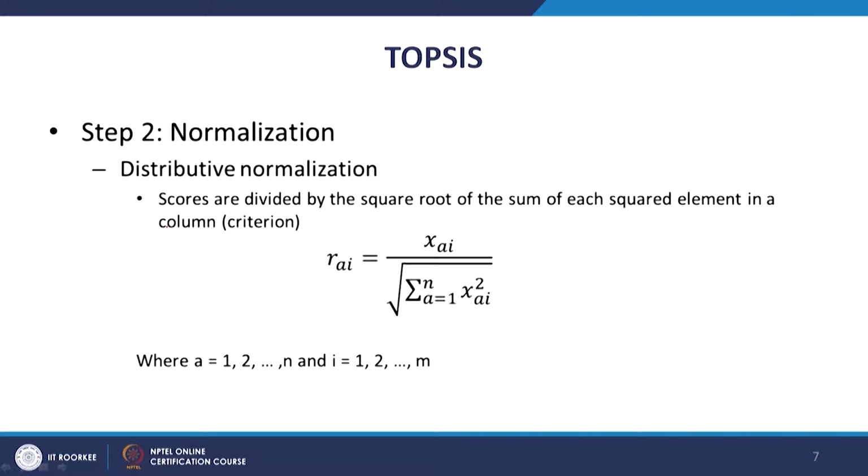Mathematically, it is expressed in the slide, as you can see. Small r_ai, where a stands for alternative and i stands for criterion, row and column wise.